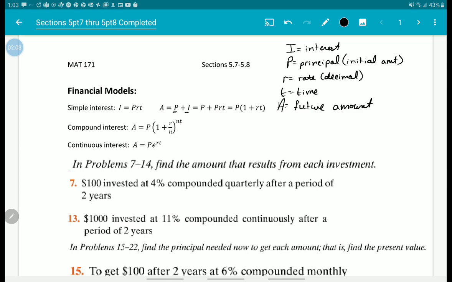Compound interest happens when we are getting interest, instead of just one time, multiple times. So we may do yearly or semi-annually. We may get interest daily or weekly or monthly and so on. So the formula is a little bit more interesting. Now we're talking about how many compounding periods we have, and that's what N stands for.